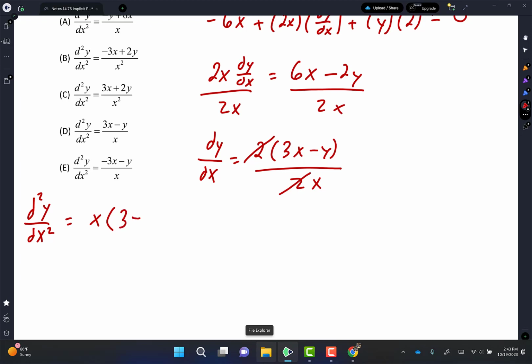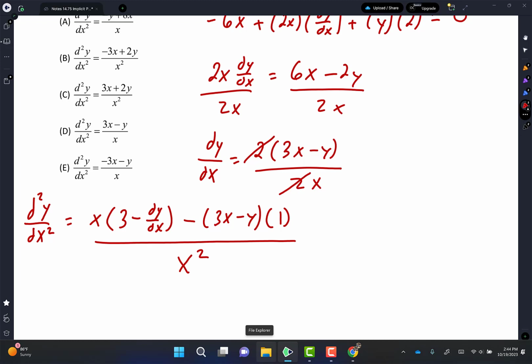What's the derivative of the top? 3 minus dy dx. Plus or minus? Minus top times derivative of the bottom, which is just 1, all over x squared. Are we still okay? Okay, now we're forced to do algebra. What do I want to do first?